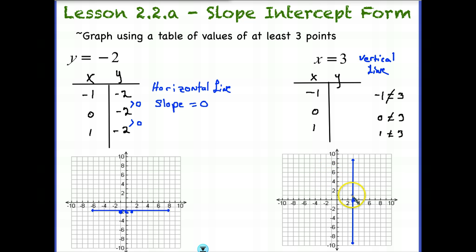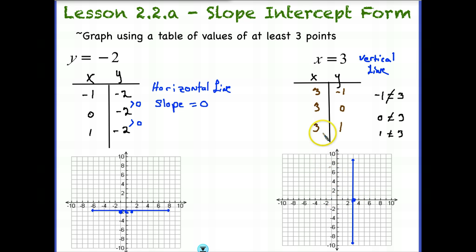So for any value of y, x will always be 3. So I can't plug in -1, 0, 1 for x, but what I can plug in is a -1 here for y. I could plug in a 0 and a 1, and x will always be 3, 3, 3.